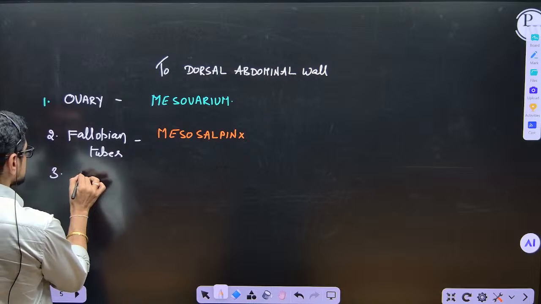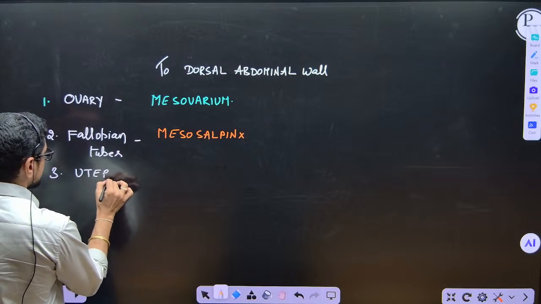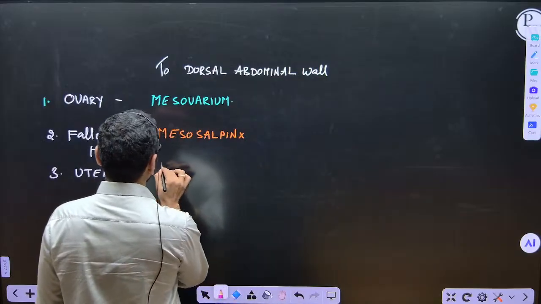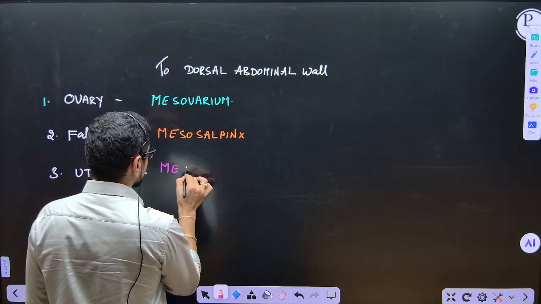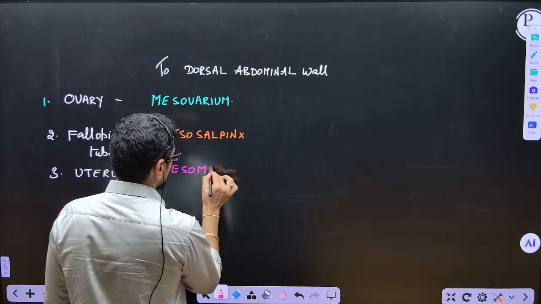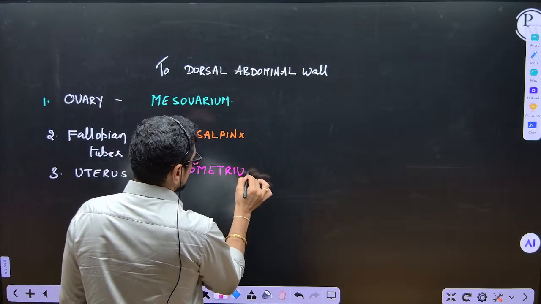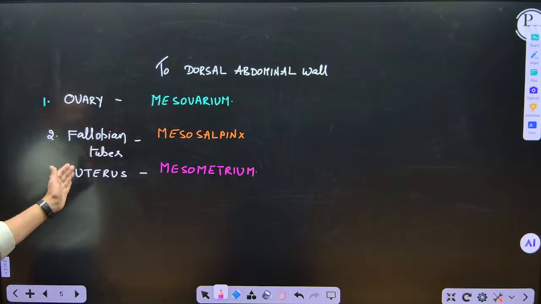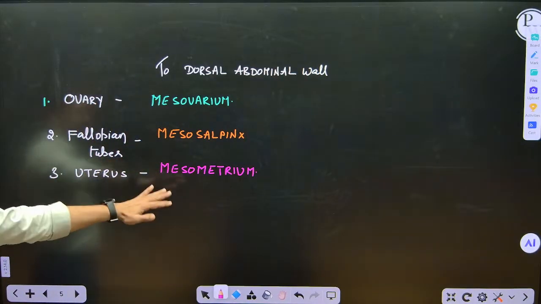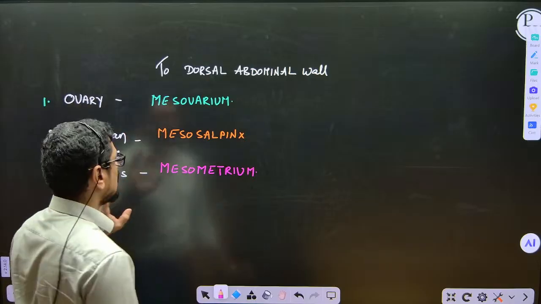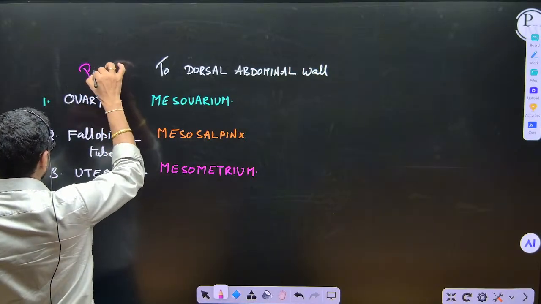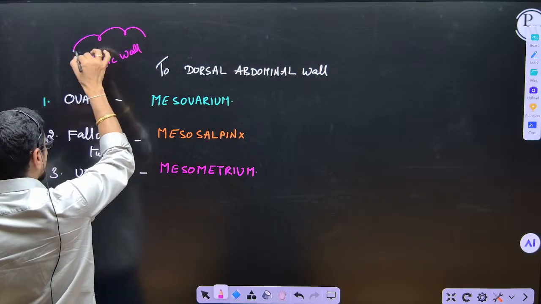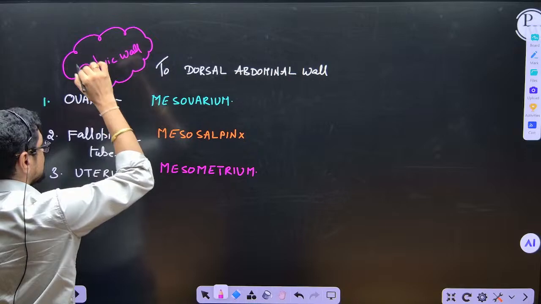Third one is the uterus. The uterus is also attached to the dorsal abdominal wall with the help of mesometrium. So the ovary is attached to the dorsal abdominal wall, the fallopian tubes are also attached, and the uterus is also attached. It's very important from the matching point of view. This entire picture is in the pelvic wall, the posterior, lower side of the female.